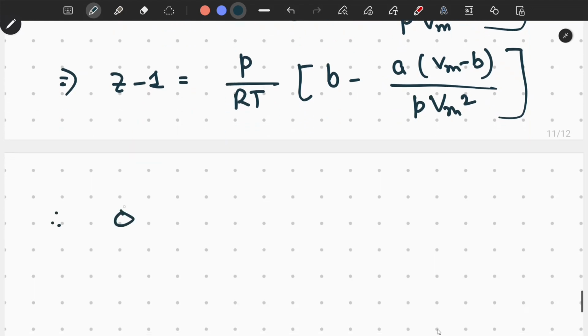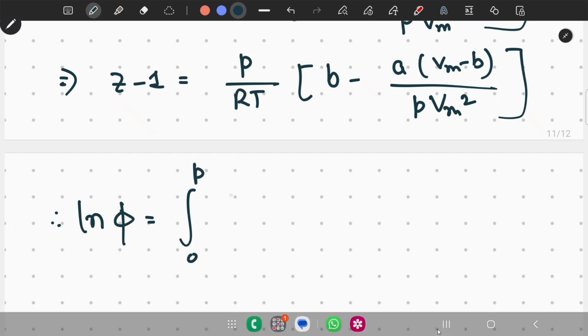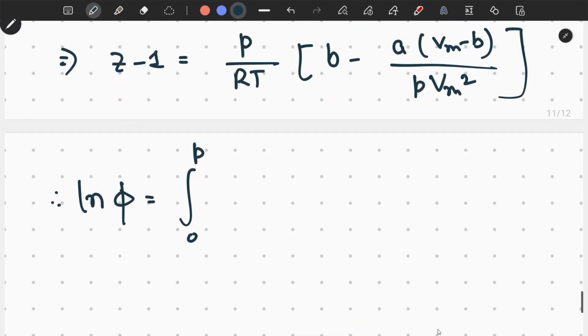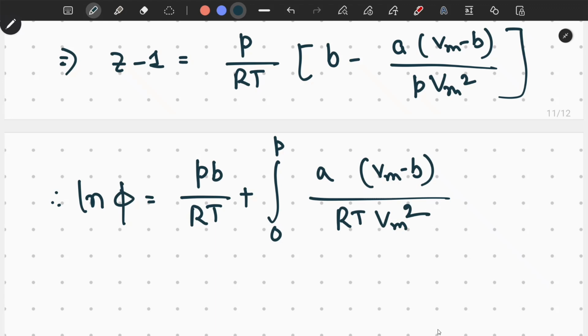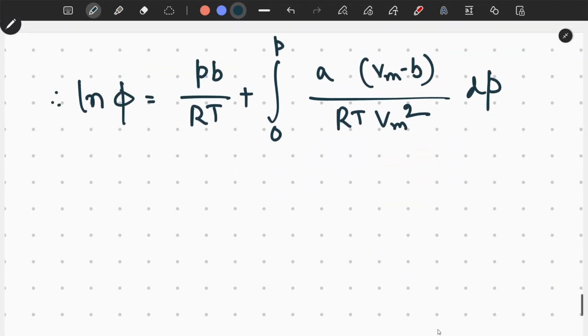So ln phi will be just the integration of this, from 0 to P, of Z minus 1. The first part is just Pb by RT, it will give Pb by RT. And the second part is a P by RT squared dP.